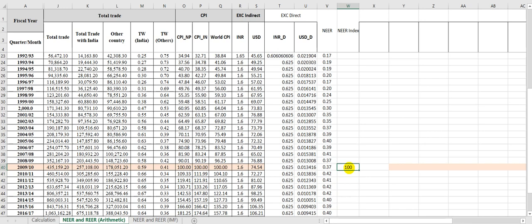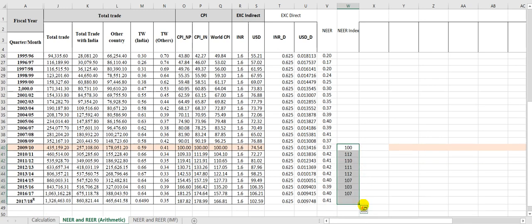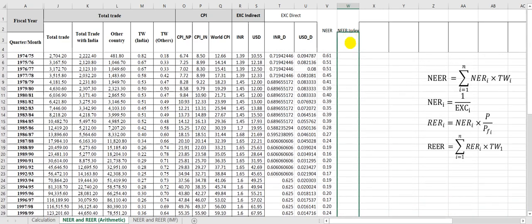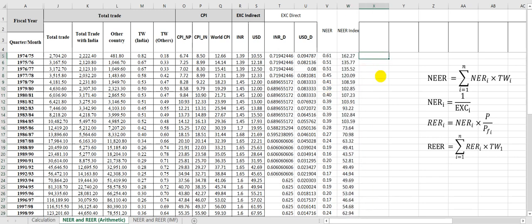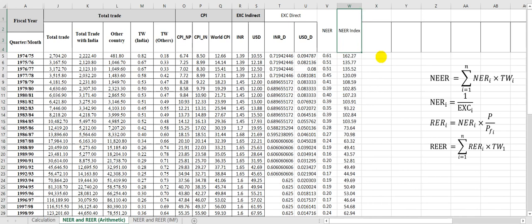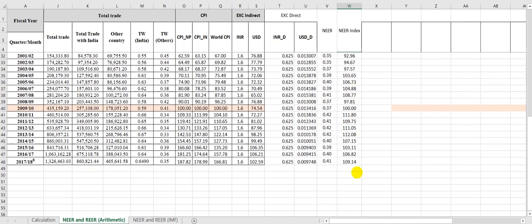So my base year value is 100, and I will just drag it down, and drag it up. This is my NER index. The NER index shows that as this index falls, the currency will devalue.